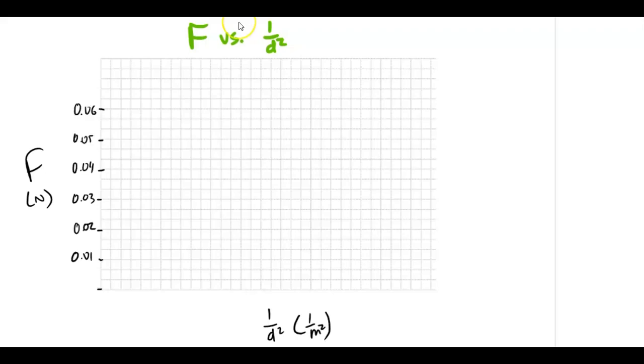So as we graph this, we're going to have y, which is force versus 1 over d squared. Force here remains in newtons, and 1 over d squared will be here, and that's per meters squared.